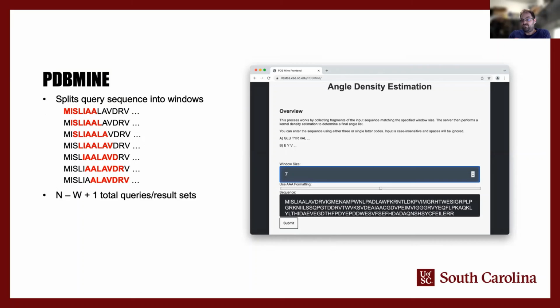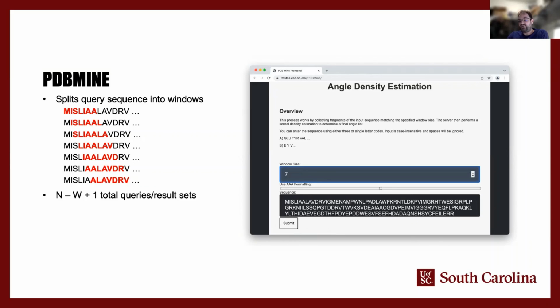It would split those 100 amino acids, and it would take the first 7 starting at position 1 to 8, and then 2 to 9, and then 3 to 10, and so on and so forth. And for each of those windows, it then queries the entire protein data bank for any matches, right? So this query that I have typed in here is for 1RX2, and then a window size of 7. So it would take the first 7, second 7, so on and so forth.